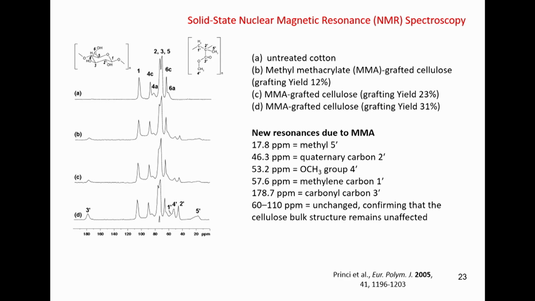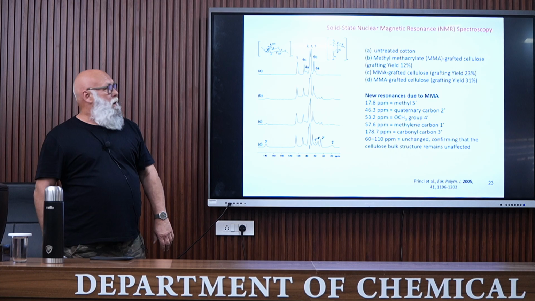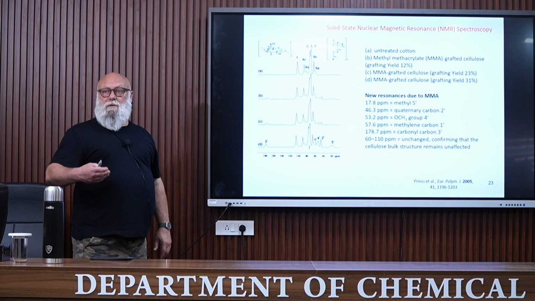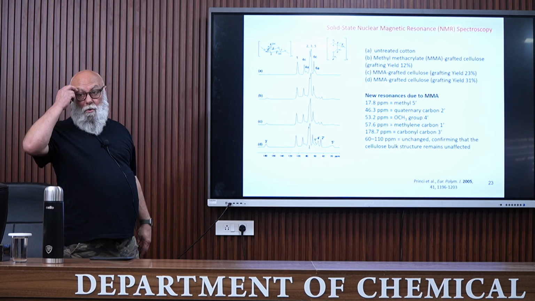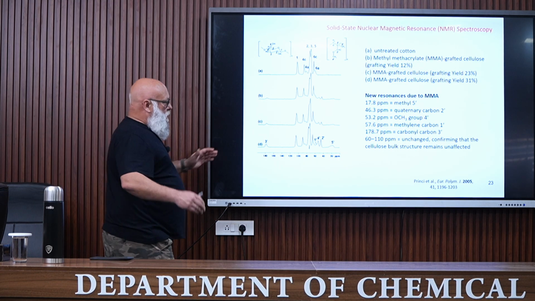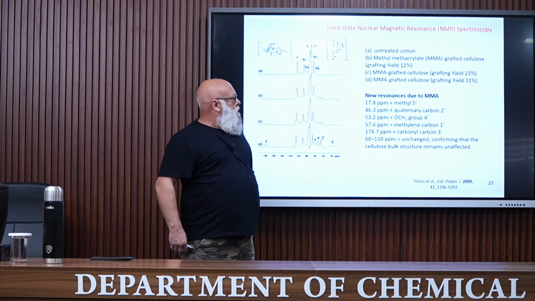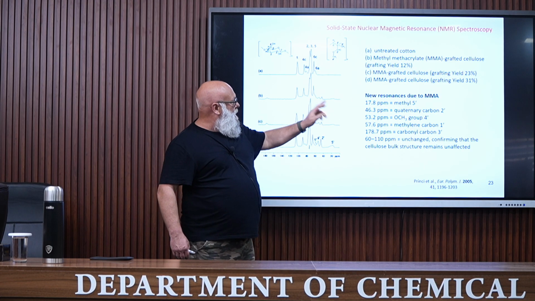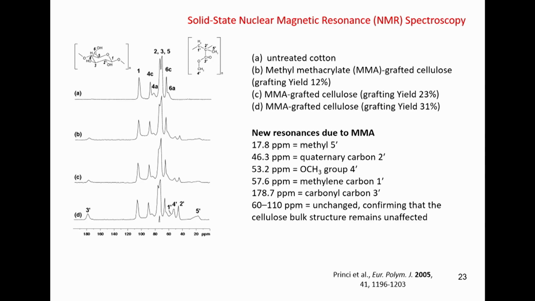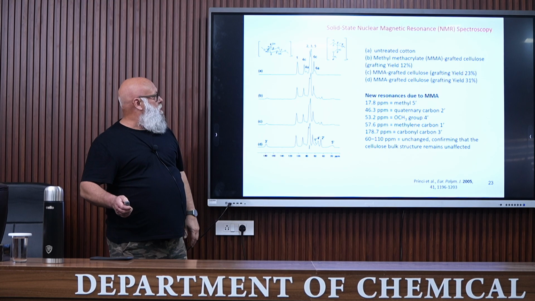Of course, from the NMR spectra, we can find the signal associated with cellulose, but we have new signals which are associated with the graft chain. I will not detail it, but in the case of methyl methacrylate, we have these different peaks here, which are referred to on this molecule, and which are absent, of course, for unmodified nanocrystals.